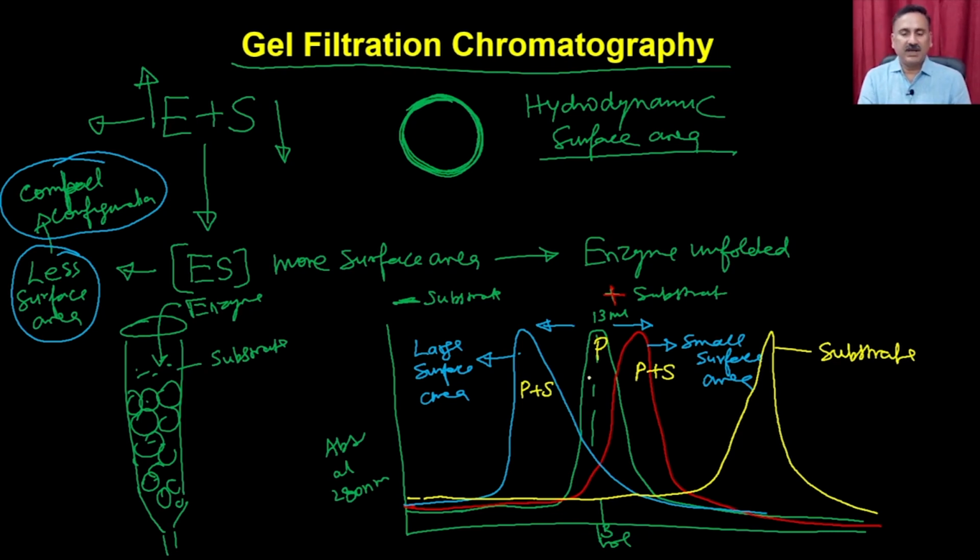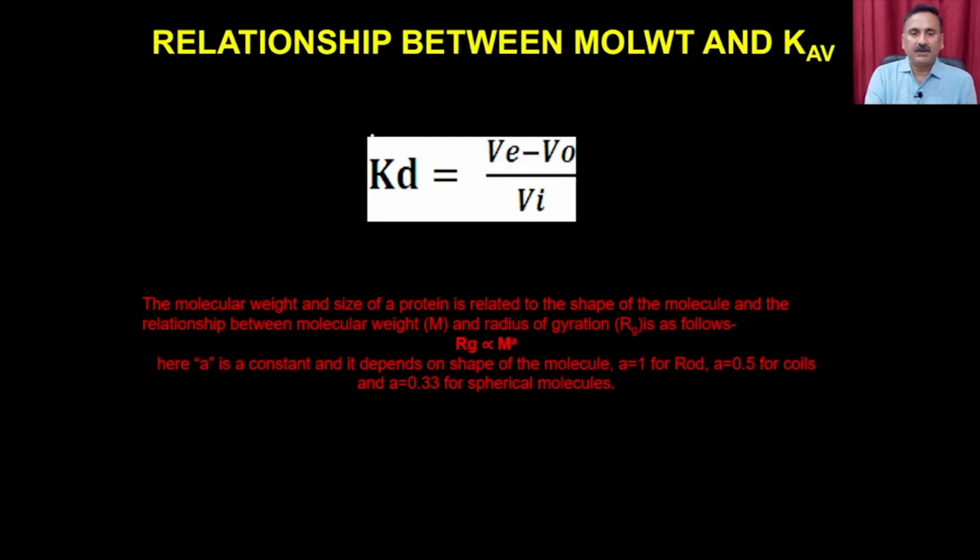And by this you can calculate the surface area, because the distribution coefficient has a relationship between the elution volume and the void volume.